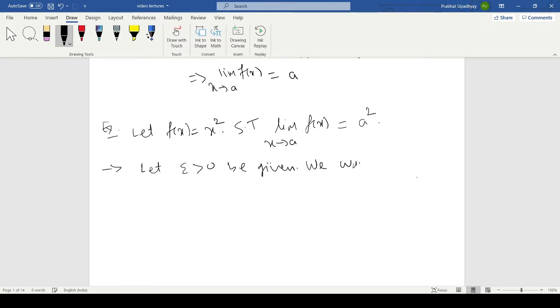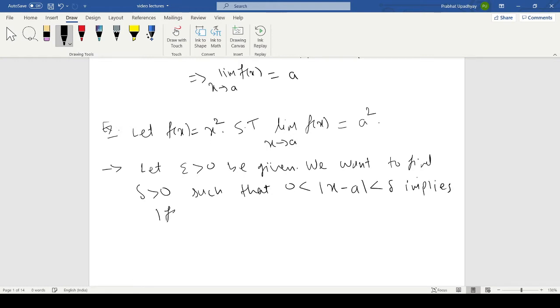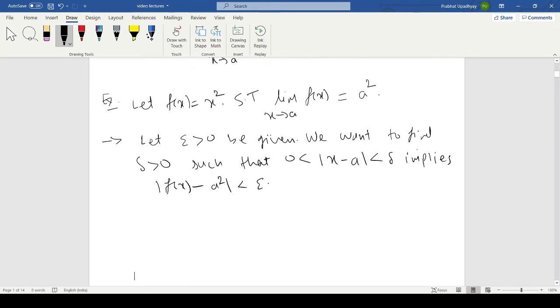We want to find delta greater than 0 such that 0 less than mod x minus a less than delta should imply mod of f(x) minus the limit, here the limit is a square, so mod f(x) minus a square should be less than epsilon.